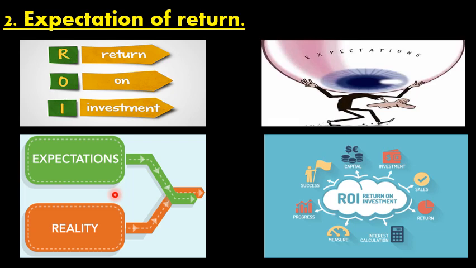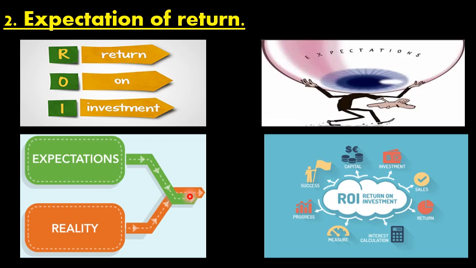Whenever expectations and reality go together, then definitely you will get a good return. So your expectation must be together with reality. You should not expect more than what is there in the present situation, in the present market, in the present investment avenues. If you deposit 10,000 as a bank FD, then it is not possible to get a 25% or 30% rate of return.